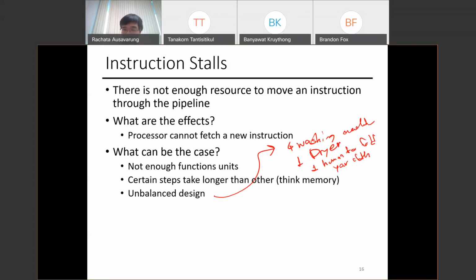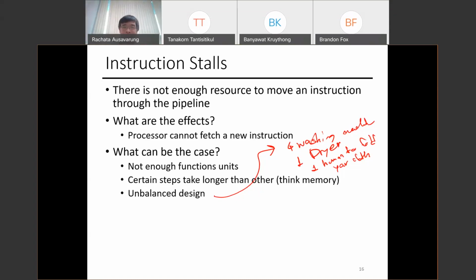So with 1 washing machine, 1 dryer, one human to fold your clothes, that takes 6 hours. With this setup, how many hours would that take? It's still 6 hours, yes.